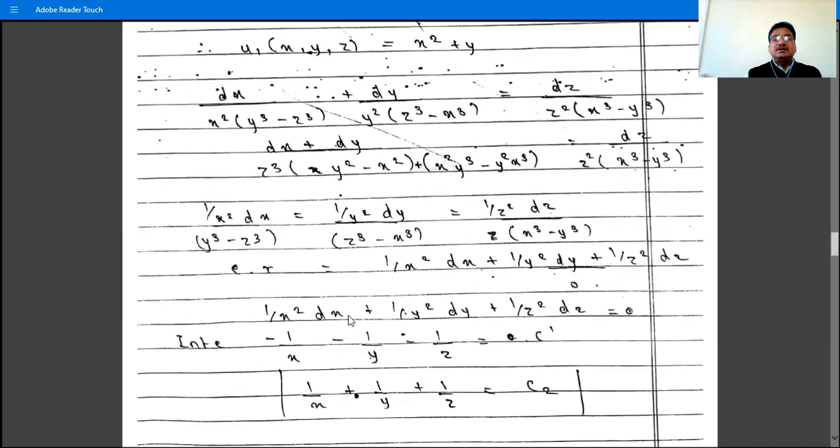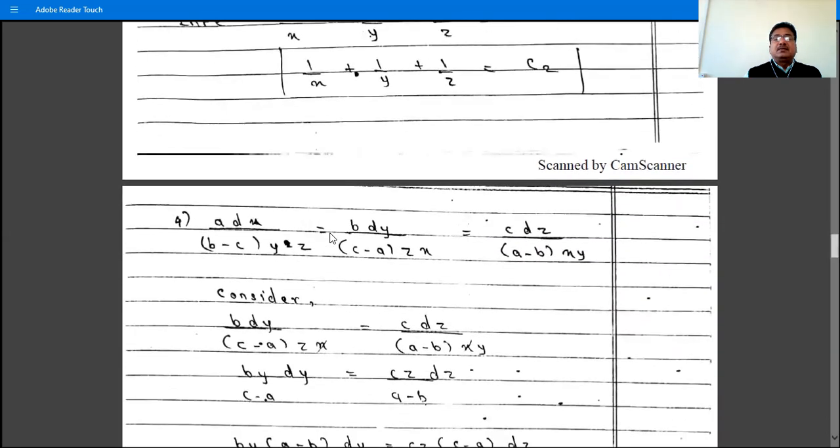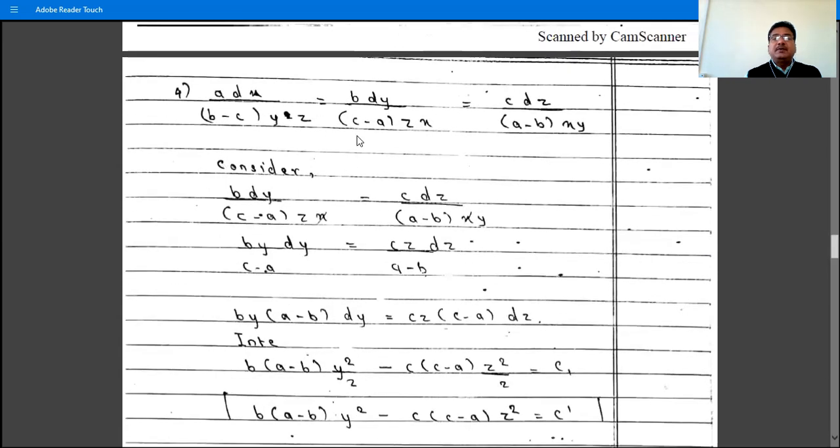Then in order to find the second solution, consider the multipliers 1 by x square, 1 by y square and 1 by z square. So these are the multipliers for the second solution. We have this solution.